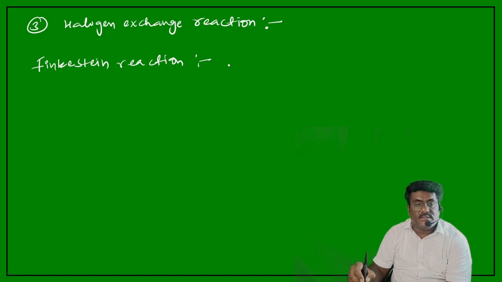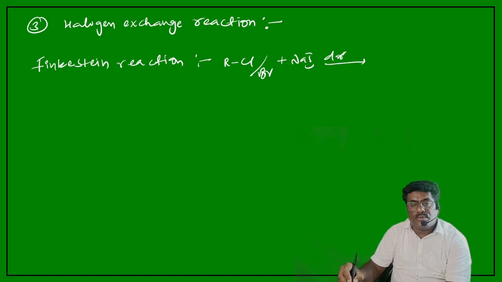Alkyl chlorides or bromides in presence of sodium iodide in dry acetone give alkyl iodide and sodium chloride or sodium bromide.